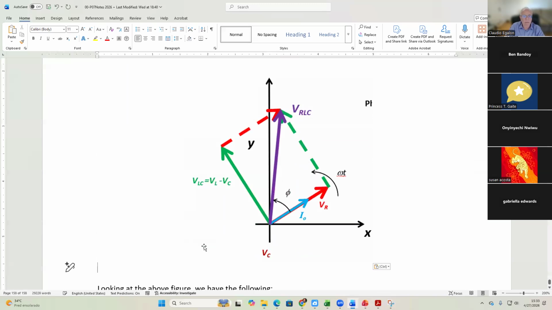That's the figure we are referring to. Here's the phi angle.